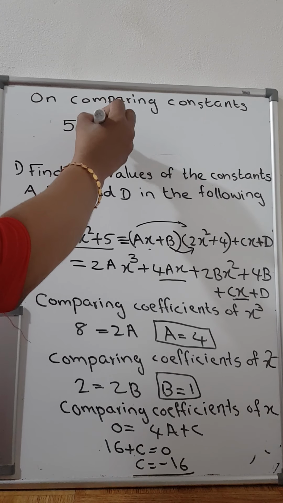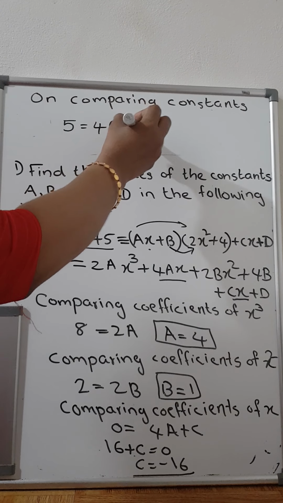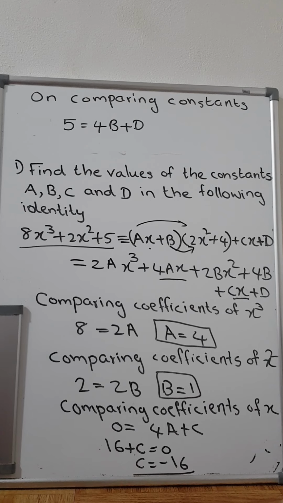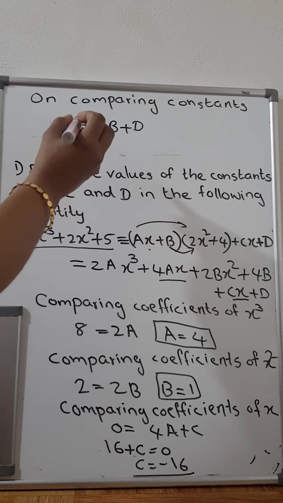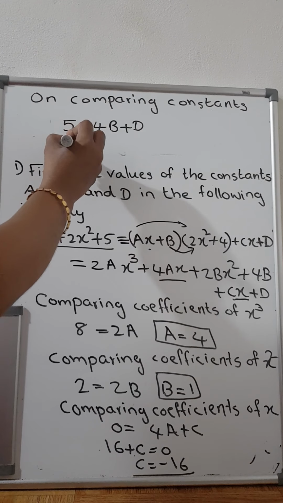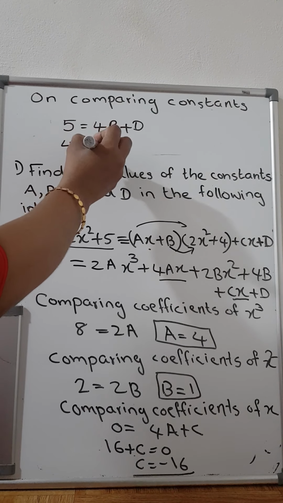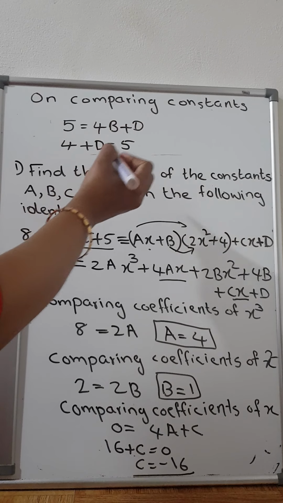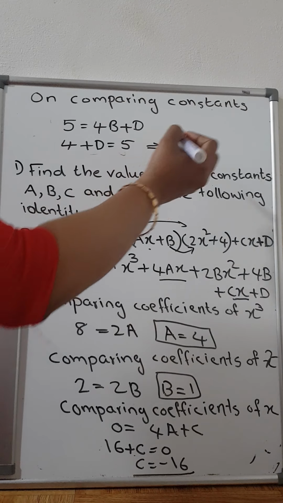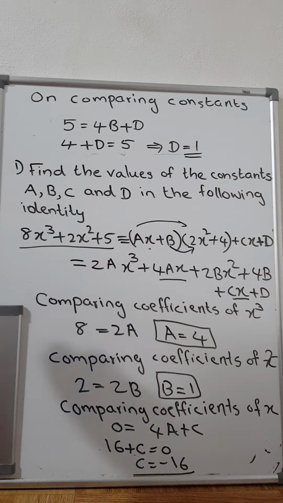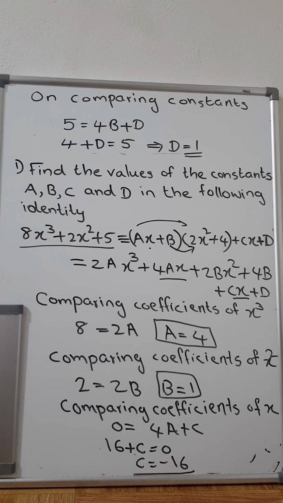So 5 is equal to 4b plus d. We have already got the value of b, b is equal to 1. We can substitute here. So 4 times 1, that is 4. 4 plus d is equal to 5. That gives us d is equal to 5 minus 4, that is 1. Now you see we got all the values. a is equal to 4, b is equal to 1, c is equal to minus 16 and d is equal to 1.